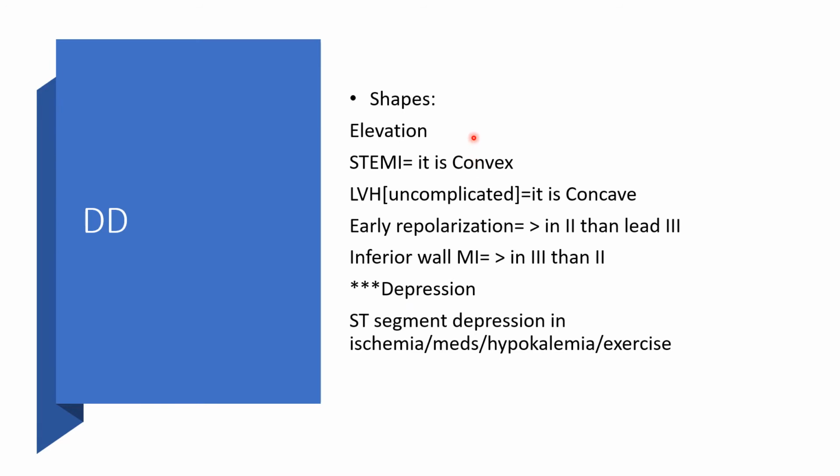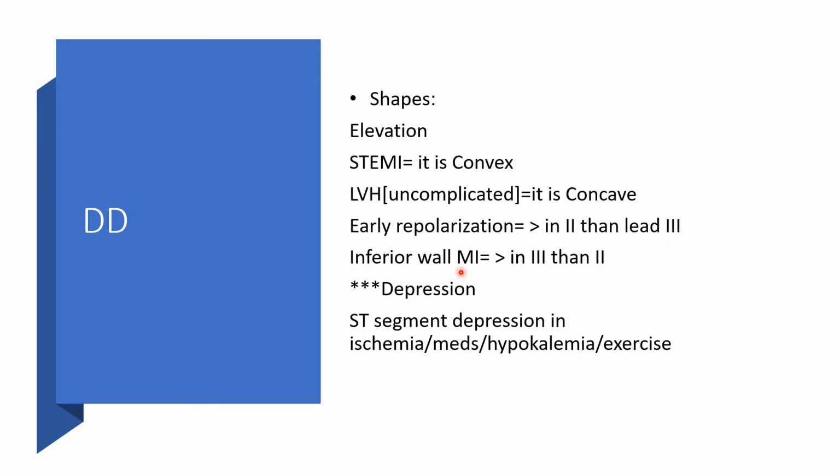The shape of the ST segment might give a clue as to the diagnosis. When it is elevated and it is convex, that is pointing to ST elevation myocardial infarction. But when it is elevated and concave, that is pointing to left ventricular hypertrophy that is not complicated. In early repolarization, it will be elevated more in lead 2 than lead 3.